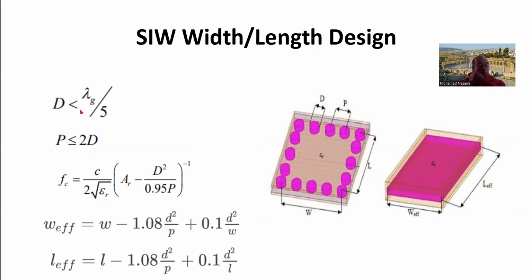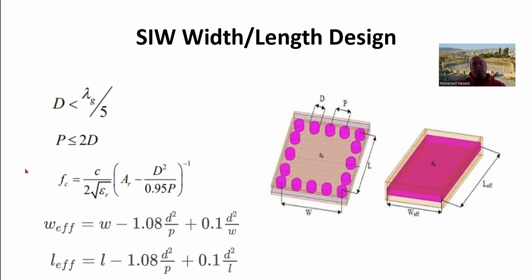We know that D is usually chosen as the substrate wavelength divided by 5, so it's about 20% of the wavelength in the substrate. And then P, the center-to-center separation of the vias, we assume is about twice the diameter of the via.